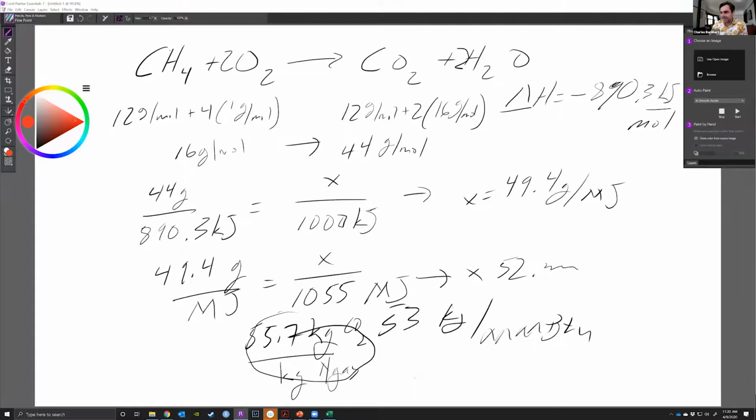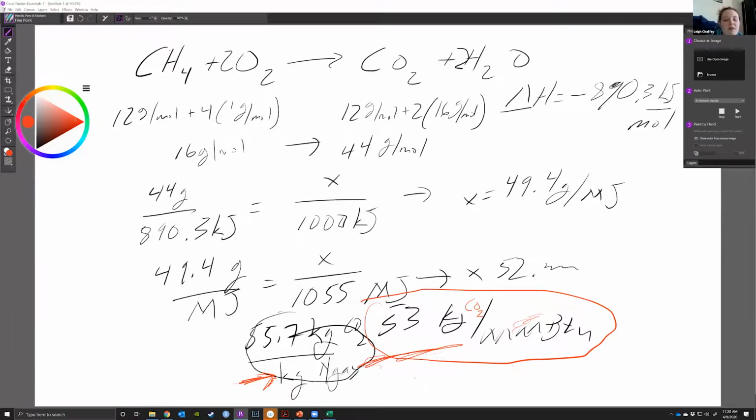That is per kilogram of natural gas, 55.7 per kilogram. This one is 53 kilograms CO2 per mega BTU. So these denominators are different. But if you converted between units, they would be the same.